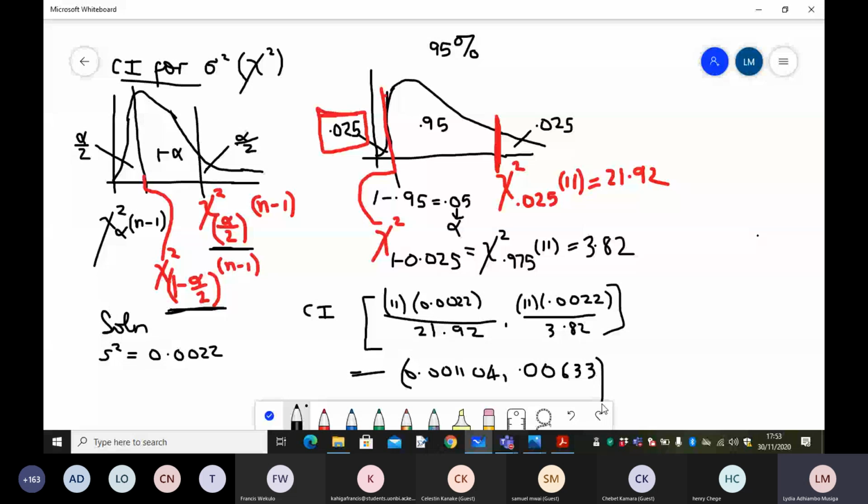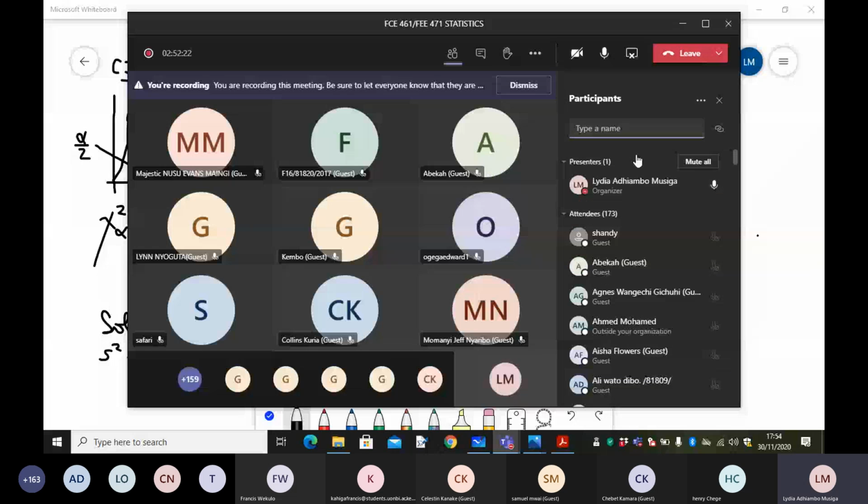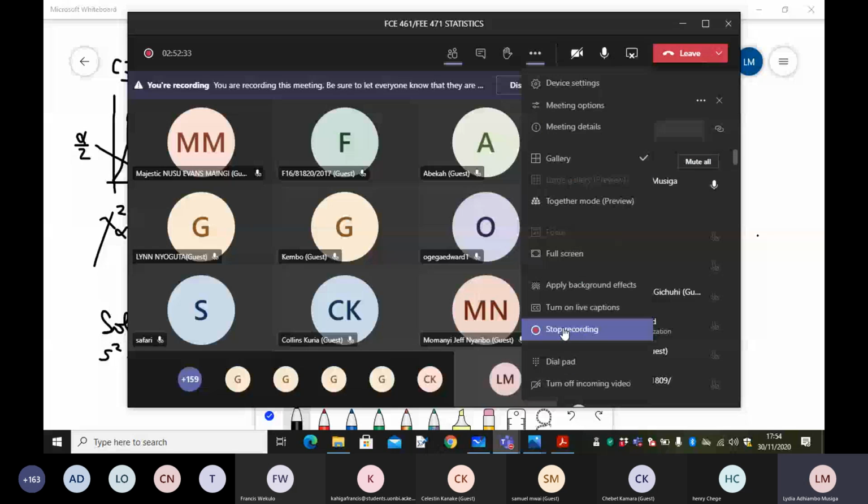So this is how we handle the case where we're looking for a confidence interval for population variance.